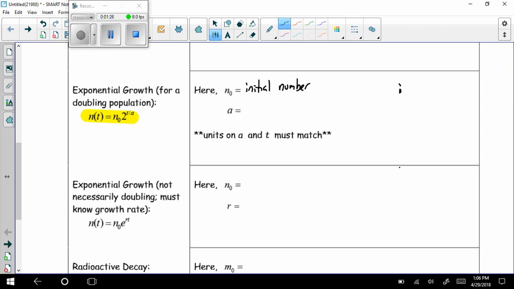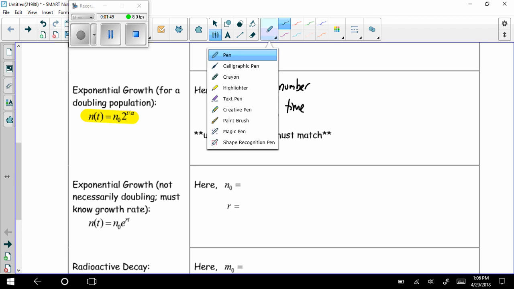And so when we talk about a population, we're talking about that initial size of whatever population we are talking about. A is the doubling time. In other words, how long it takes whatever population you're looking at to double. Exponential growth, not necessarily doubling, is given by the following formula.